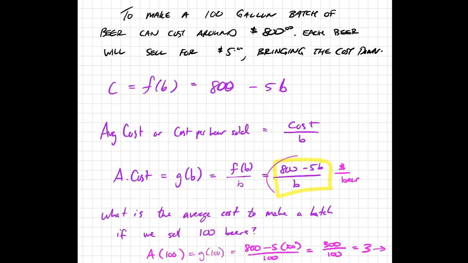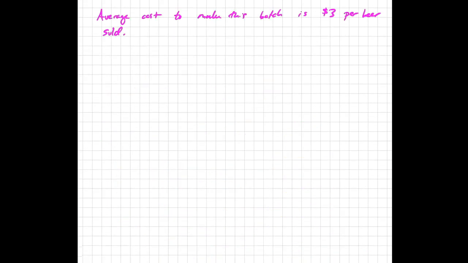Again, some things to note about this function in particular. Where are the zeros? And what do they mean?